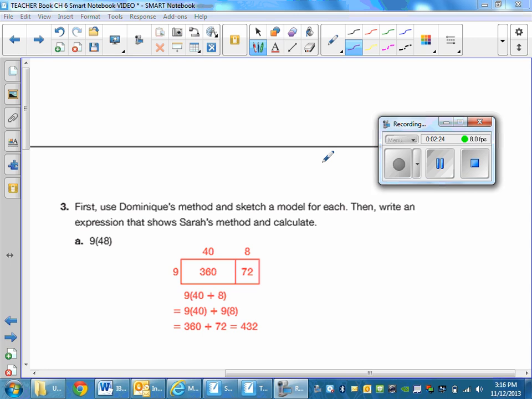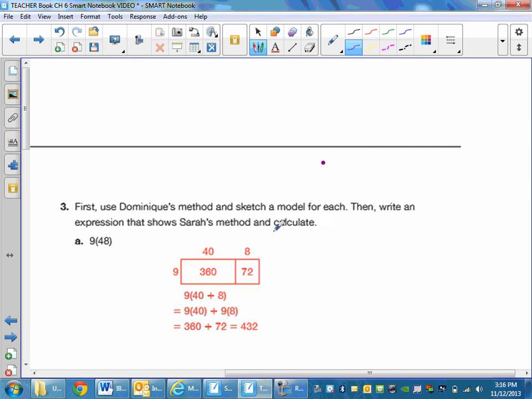So this first way that I'm showing in this picture here is Dominic's way. So he did 9 times 40 is 360. He did his tens, and then he did his singles because it's 9 times 48. 8 times 9 is 72, and then he added them. If we wanted to represent it Sarah's method, we would do just the 9 by the 40, and then the 8 by the 9.